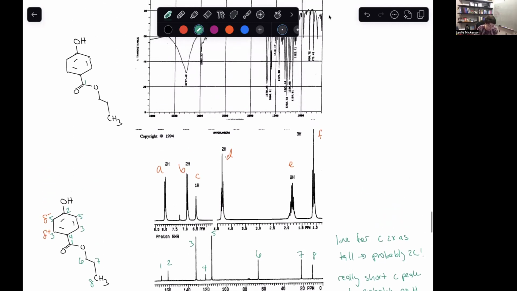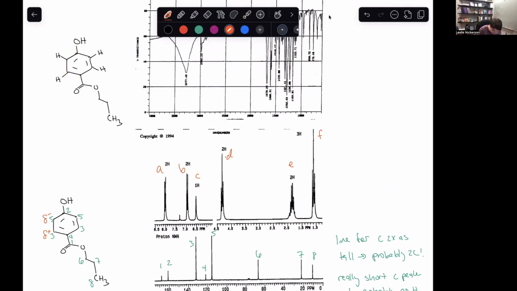So if we're looking at the proton NMR here, if we start again from the left, I've got my 2H doublets. So again, we can be thinking about a similar situation here with our alcohol donating electron density and shielding, our ester withdrawing electron density and deshielding.